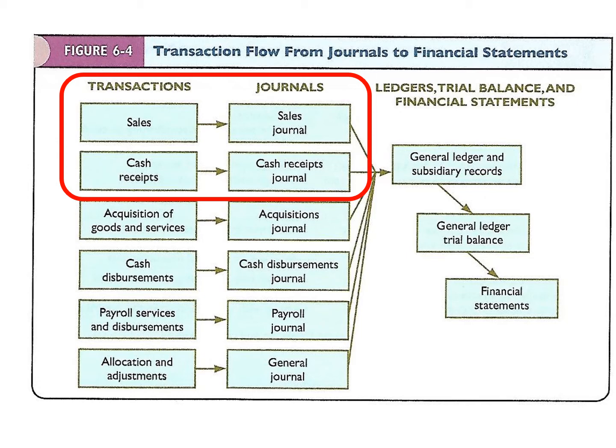But I want you to be aware that those aren't the only two classes of transactions. Even a small company is going to have purchases or acquisitions, cash disbursements, payroll. So companies are going to have more than these two classes of transactions, but we're going to focus on those two in this class, at least initially.